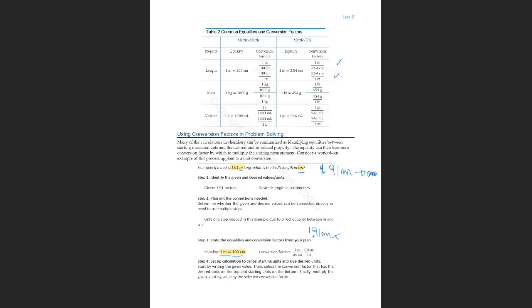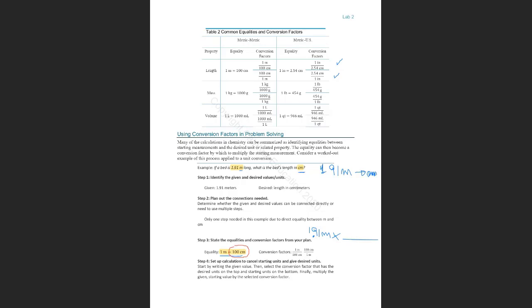How do I know which conversion factor I use? Here I have the equality, right? 1 meter equals 100 centimeters. So I have to decide if whatever is to the right of the equal goes up or down. How do I decide?